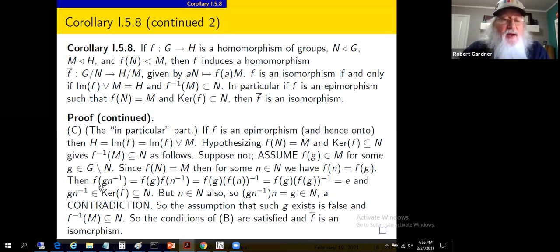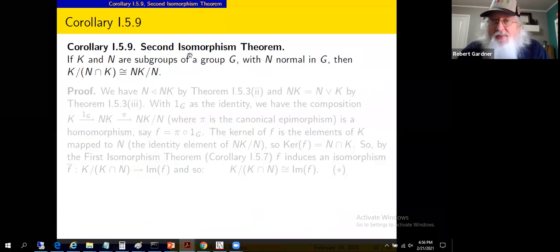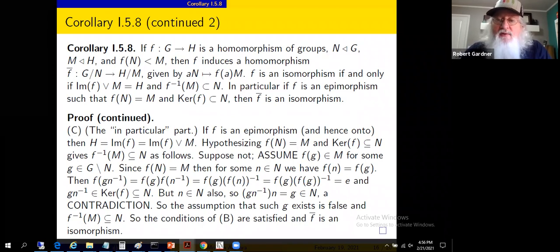So we've got F of g n inverse is the identity. By the way, that's the identity in the rightmost group. It's clear from context, or implied by the context at least. But we do have F mapping us into H. This is F of something, so this is the identity in H. Just keep an eye on that stuff.